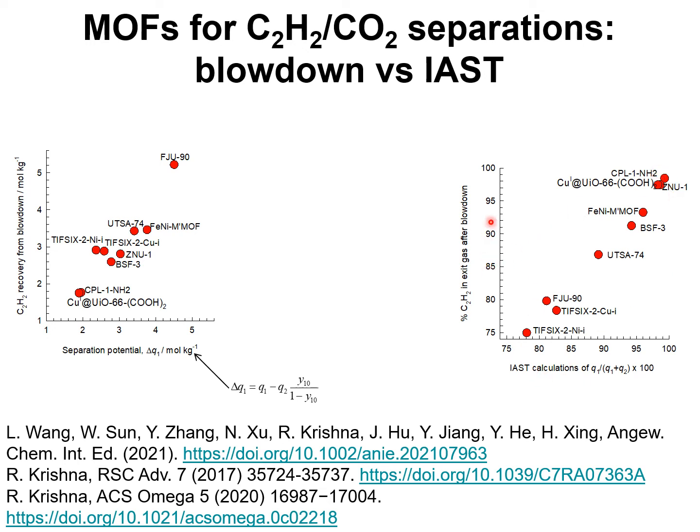The product purities are plotted against the IAST calculations of Q1, which is the component uptake of ethine divided by the total uptake and multiplied by 100.